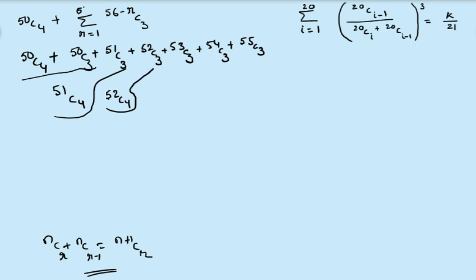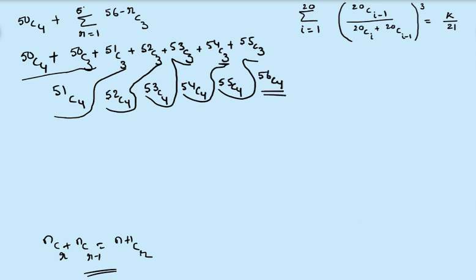Again these two sum, we will get N plus 1 CR. Again you can observe these two sum, you will get 54C4. This is again NCR plus NCR minus 1, you will get 55C4. Again these two sum, you will get the answer as 56C4.